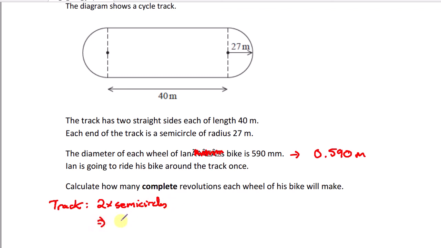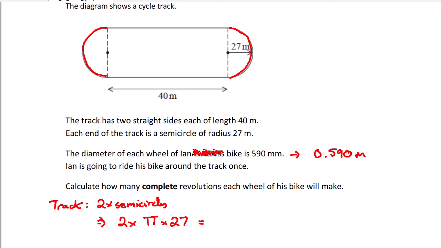So that gives me 2 times pi times the radius. So semicircle would be pi times r, because that's half the diameter, remember pi d. 2 pi r gives us these two arc lengths. When they fit together, they make a circle. So 2 pi r gives me those two curved lengths.